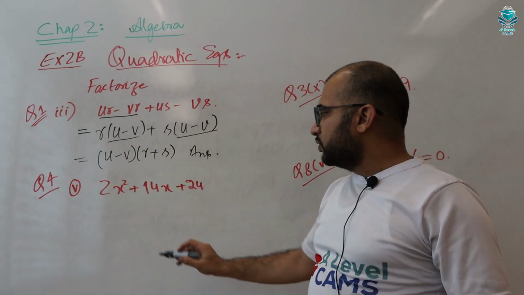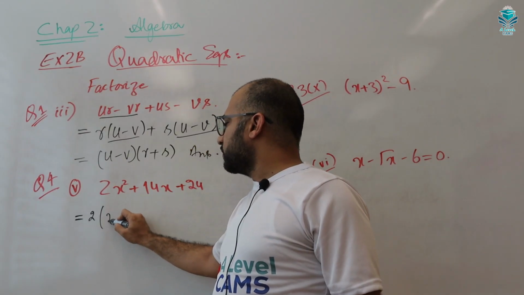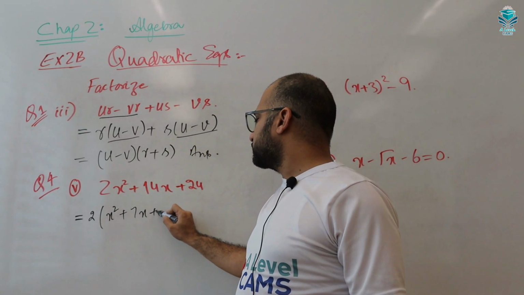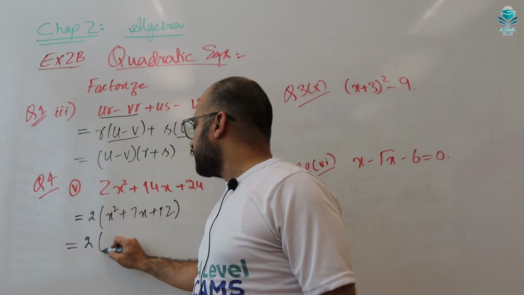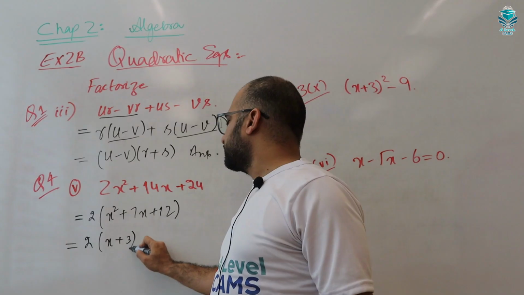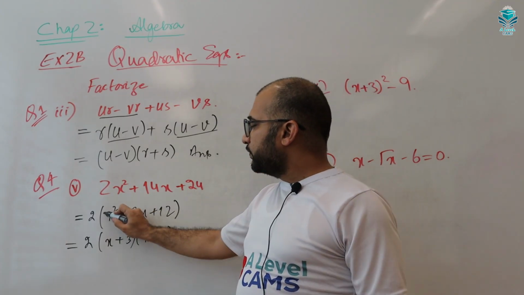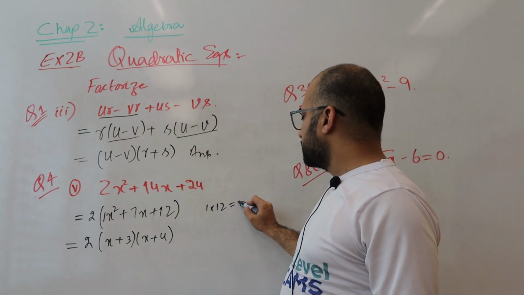Similarly, we have to factorize this one. You can take common from the whole expression. So you have x squared plus 7x plus 12. You can factorize it as x plus 3 and x plus 4. Actually, the coefficient of x squared here is 1, and 1 multiplied by 12 is 12.